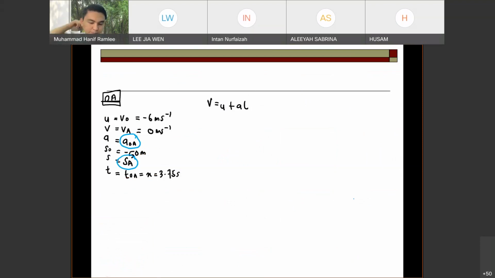So substitute all the information that is available from here. You will get A. V we have 0, and U is -6, plus AOA times T, 3.75.